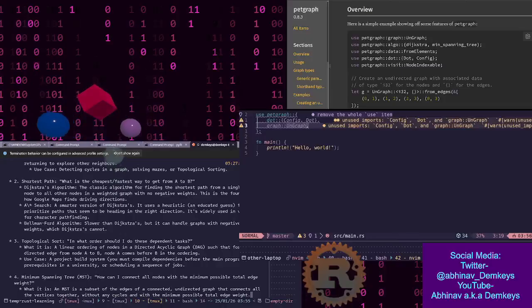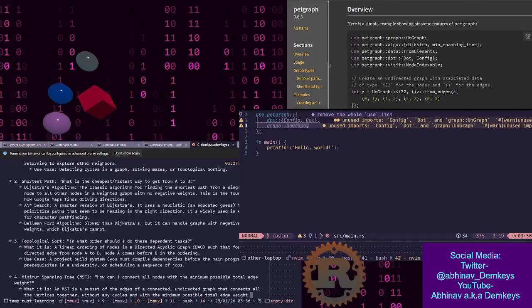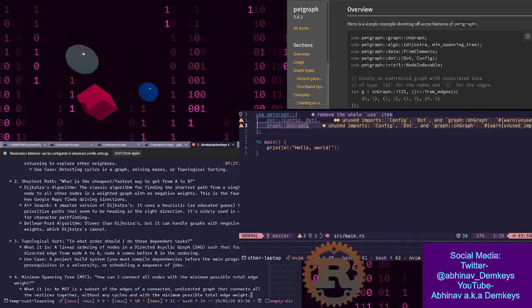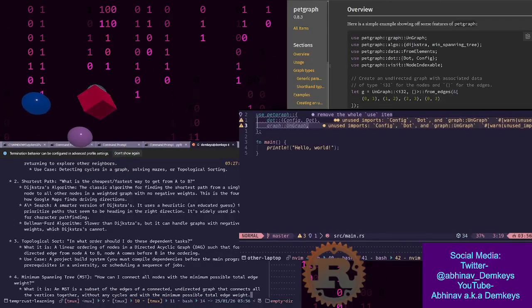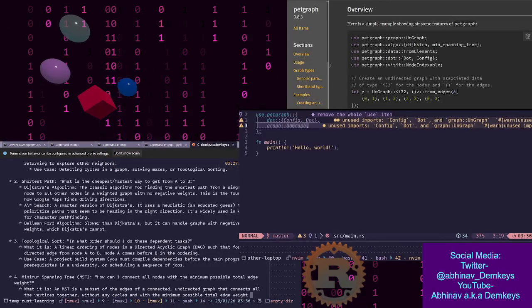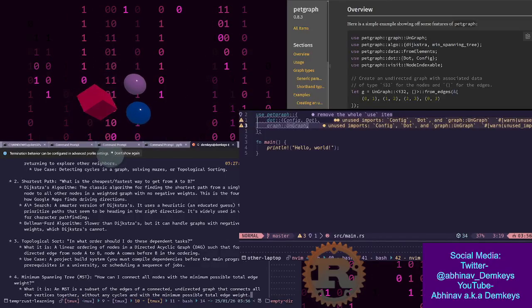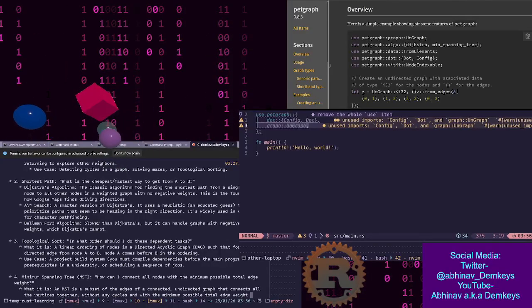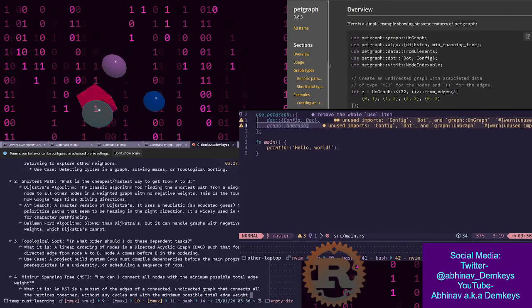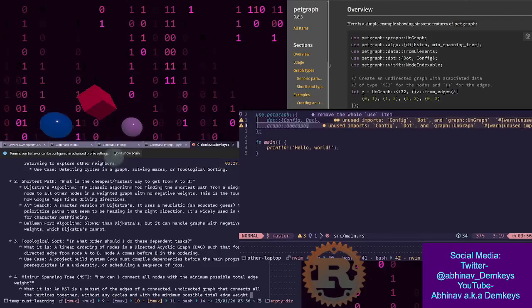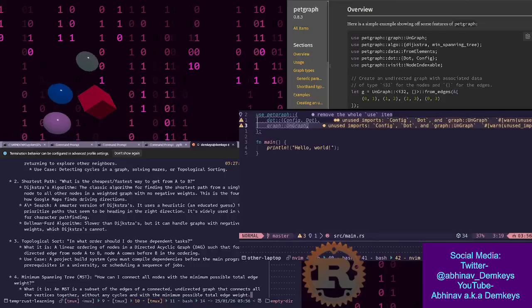This is probably not English, so I need to learn how. Dijkstra's algorithm. The classic algorithm for finding the shortest path from a single source node to all other nodes in a weighted graph with no negative weights. This is the foundation of how Google Maps finds driving directions.